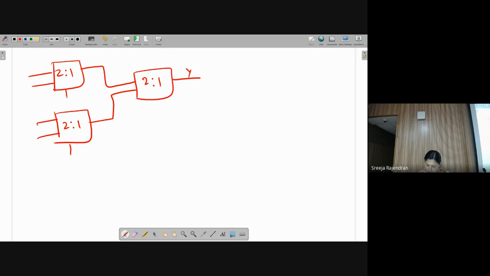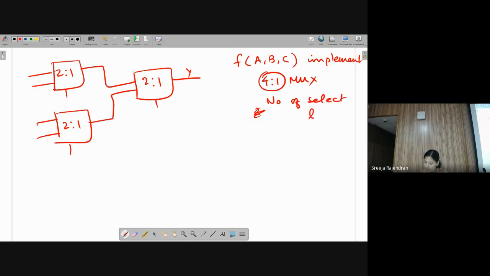Suppose the circuit is a function of A, B, C, and I'm trying to implement it using 2 to 1 muxes, but 4 to 1 is what I'm actually realizing. So how many select lines does 4 to 1 have? 2 select lines. So if the number of select lines is 2, I have to use A and B as the select lines.